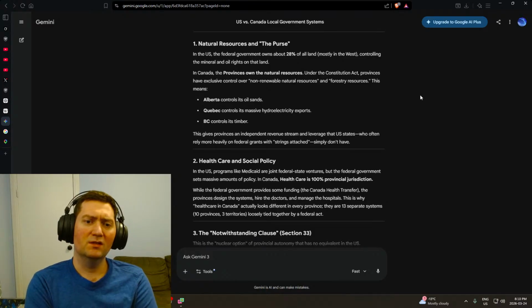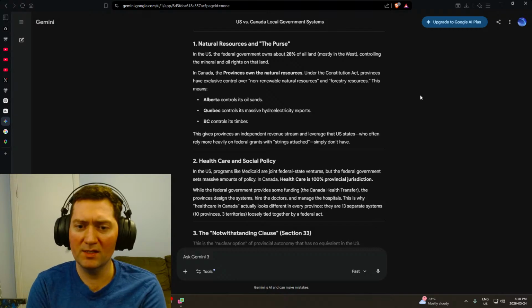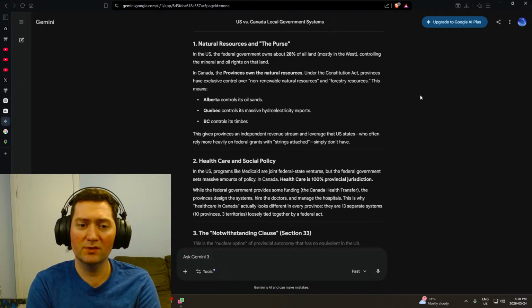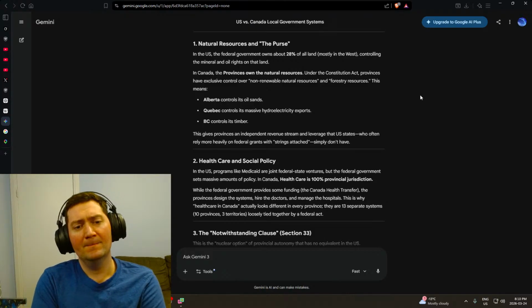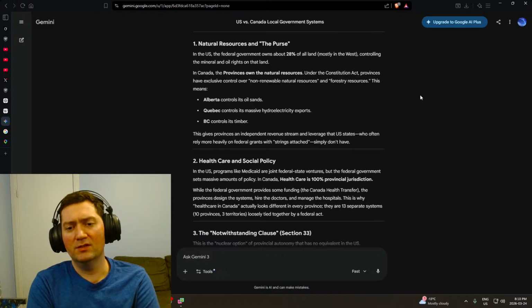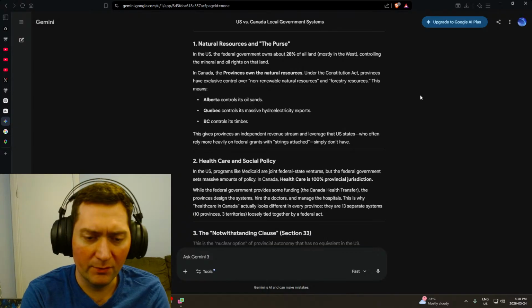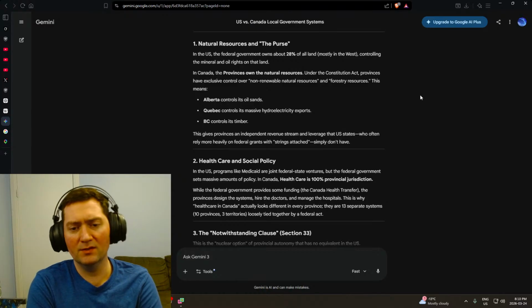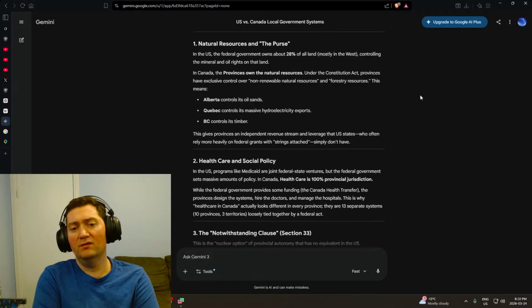This means Alberta controls its oil sands, Quebec controls its massive hydroelectric exports, BC controls its timber. This gives provinces an independent revenue stream and leverage that US states, which often rely more heavily on federal grants with strings attached, simply don't have.